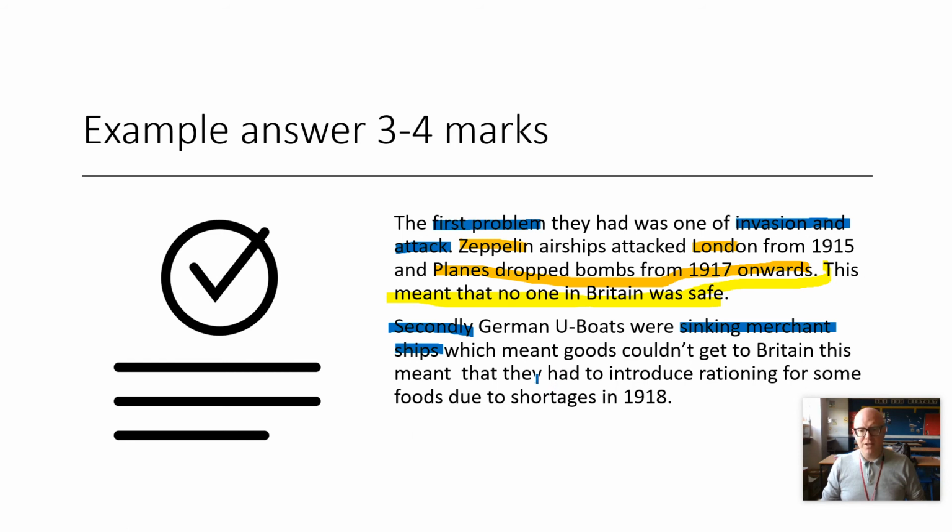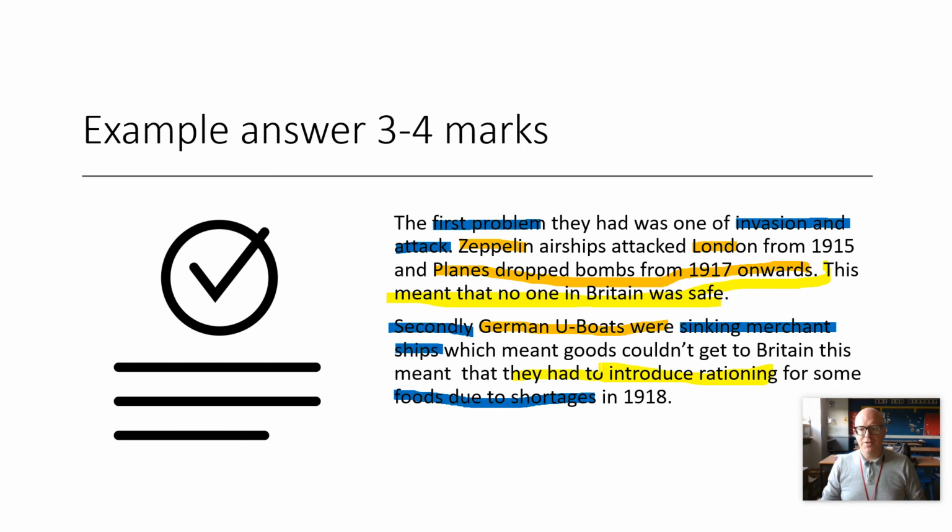And it's actually quite interesting because my point also goes at the bottom there, very strangely. But I also have my knowledge, German U-boats. And as a consequence of this, you can see here they had to introduce rationing.